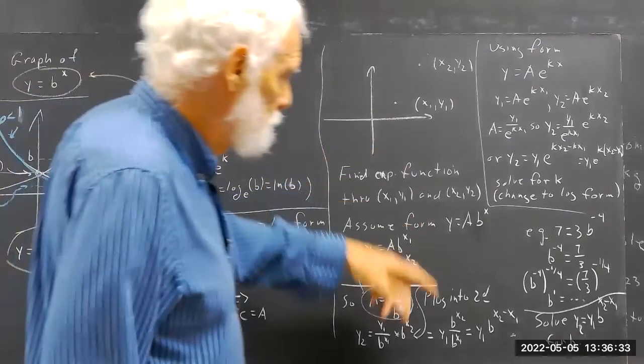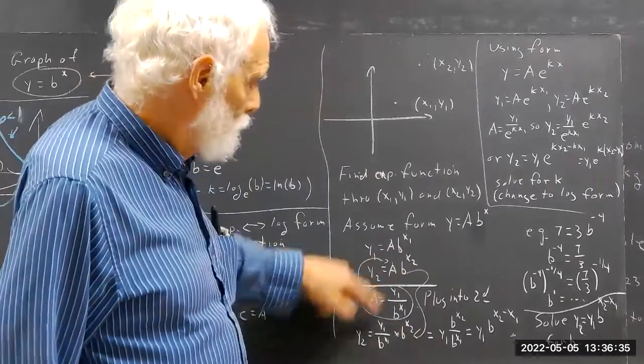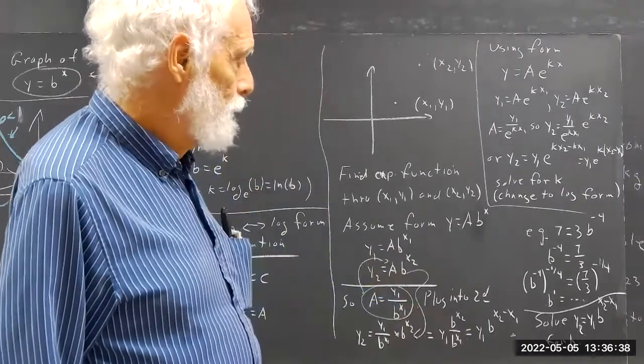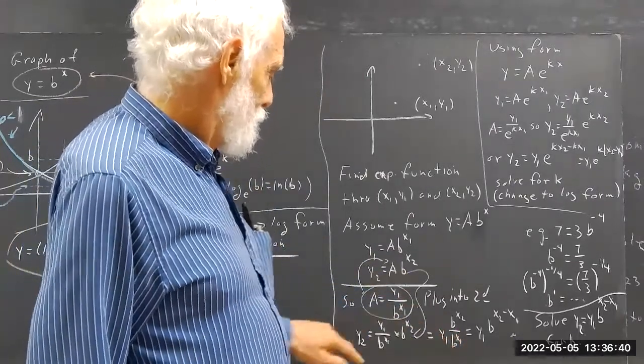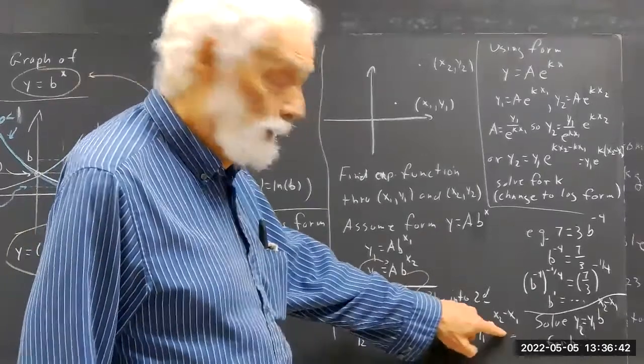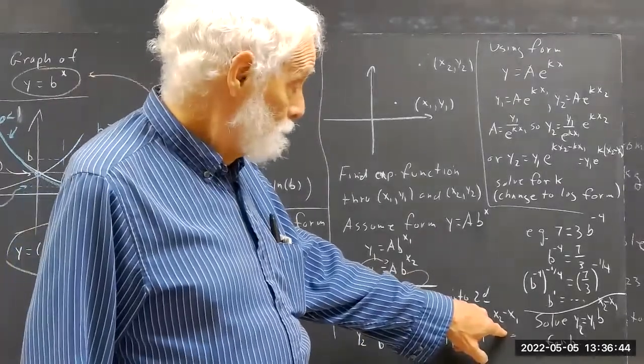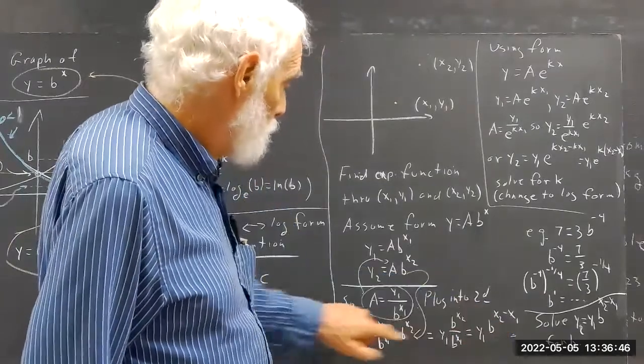Okay, so maybe I didn't point this out, but you do this solution, you get this. And then you have y2 equals y1 times this. You saw that much. So you've got to solve y2 equals this.